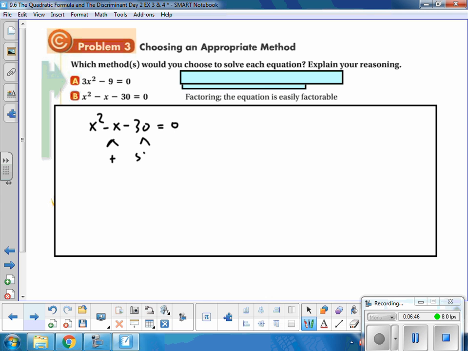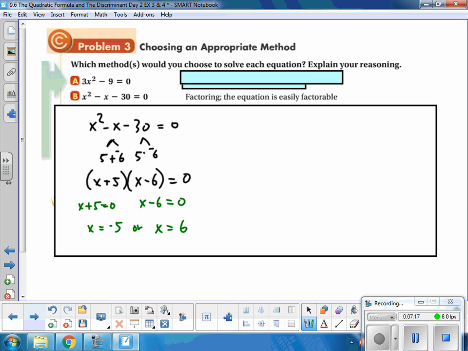I found that it's 5 and 6, but I need to end up with a negative here, so it's going to be my negative 6. That gives me x plus 5, x minus 6 equals 0. So x plus 5 equals 0, x minus 6 equals 0. So I'm going to end up with x equals negative 5 or x equals 6 as my solution for that one.